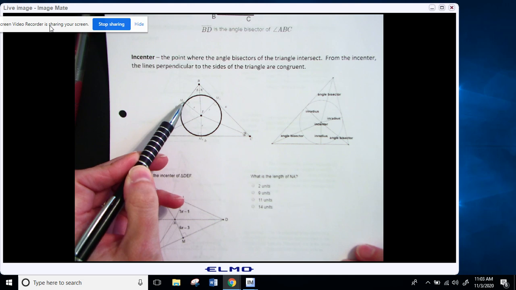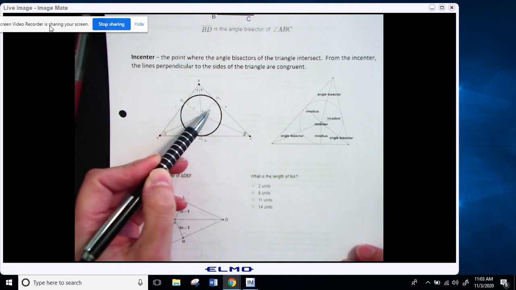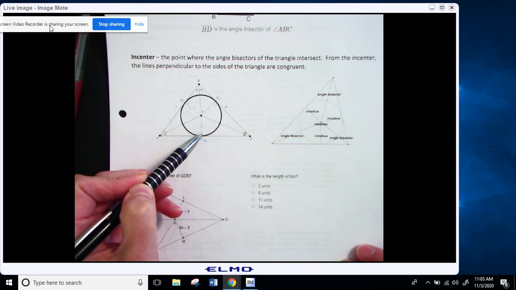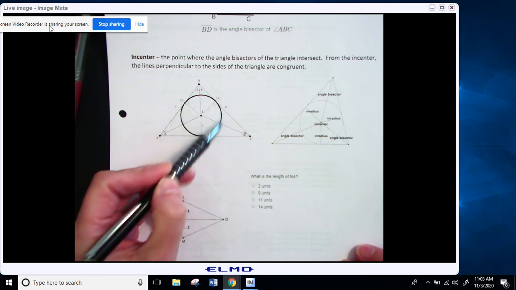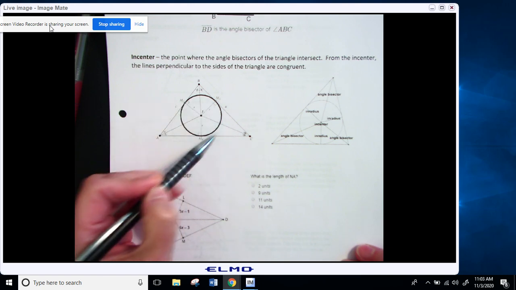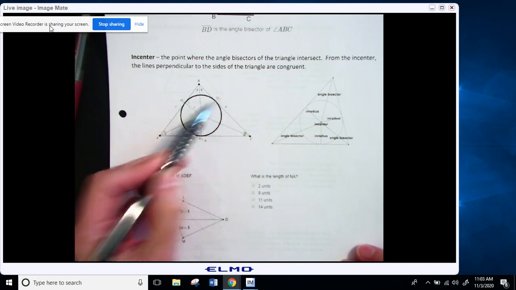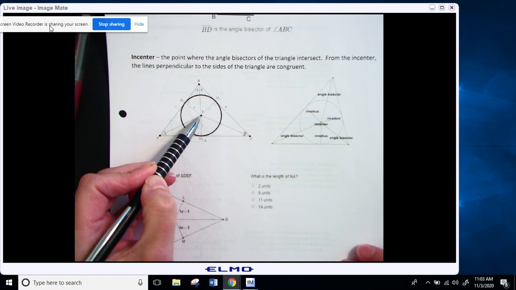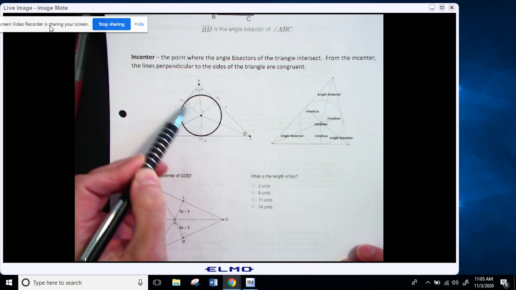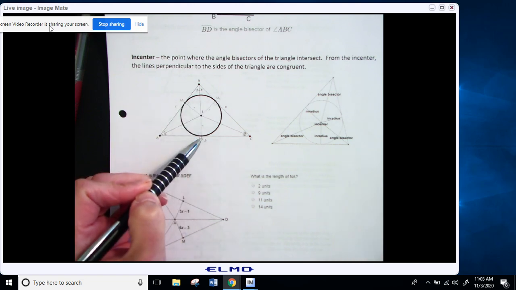What that's going to do is tell you that all of those pieces have to be congruent, because what you have actually done is created a circle again, touching the sides of your triangle. The incenter is the center of the circle that connects all of those perpendicular lines back.